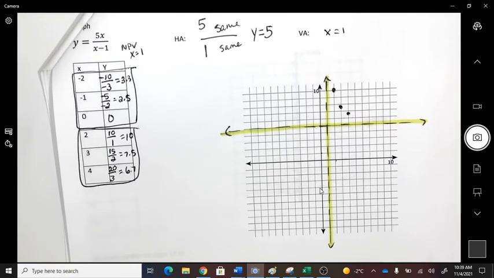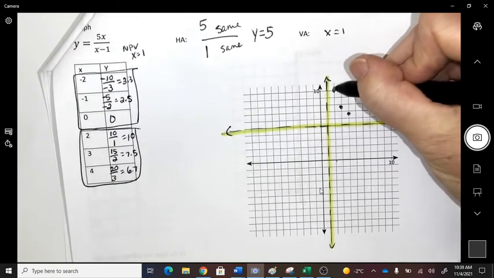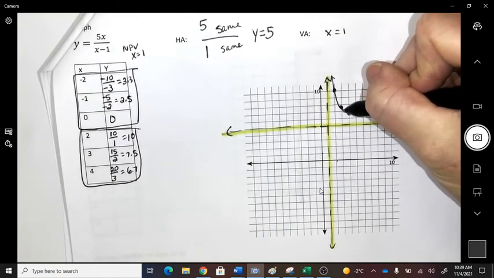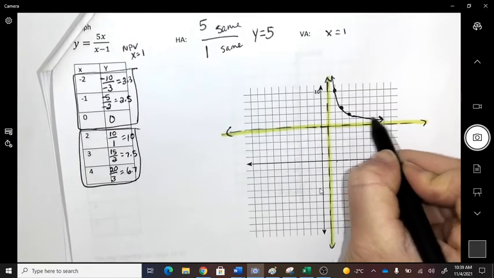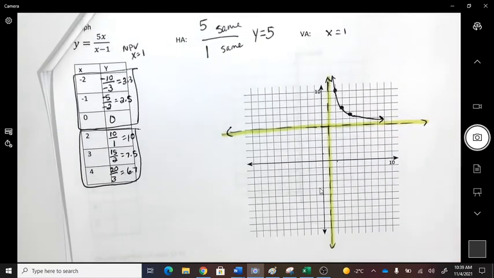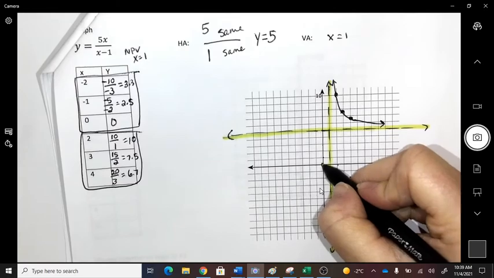Do they make a predicted shape with your asymptotes? It's usually a kind of similar shape. Okay, and then going to the other side.